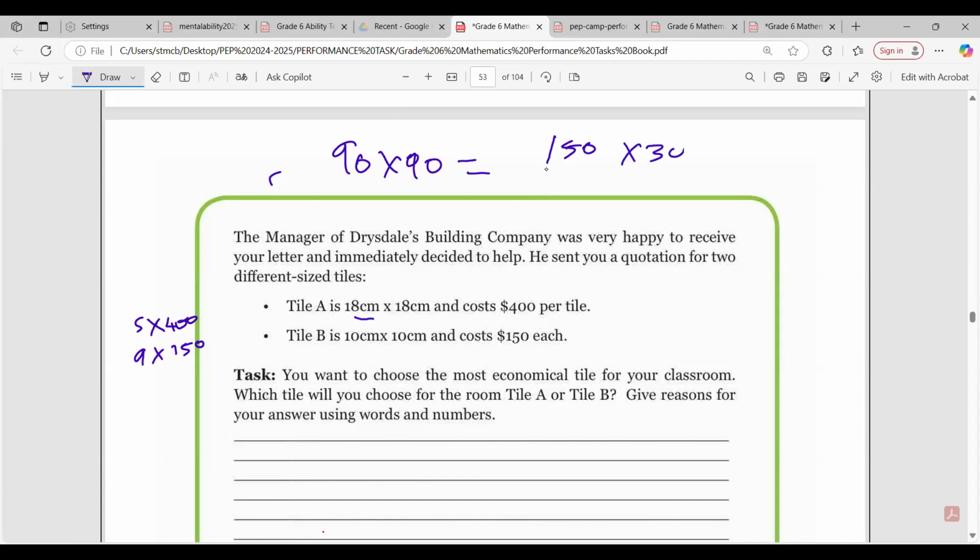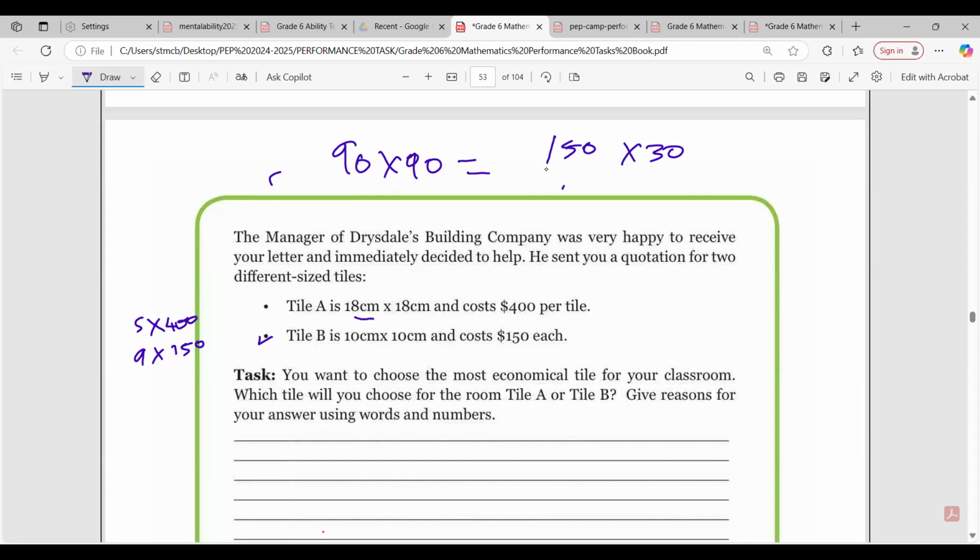So I choose that it would have been tile B, which is 10 centimeters by 10 centimeters and costs 150 each. Prove it. Prove that tile B is cheaper. Yes, sir, that's what I'm doing. So I put the 10 into the 150 and I got 15.